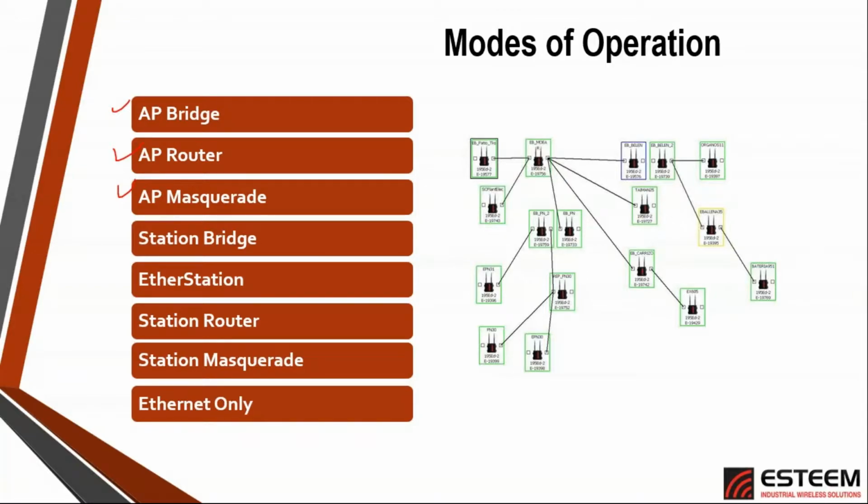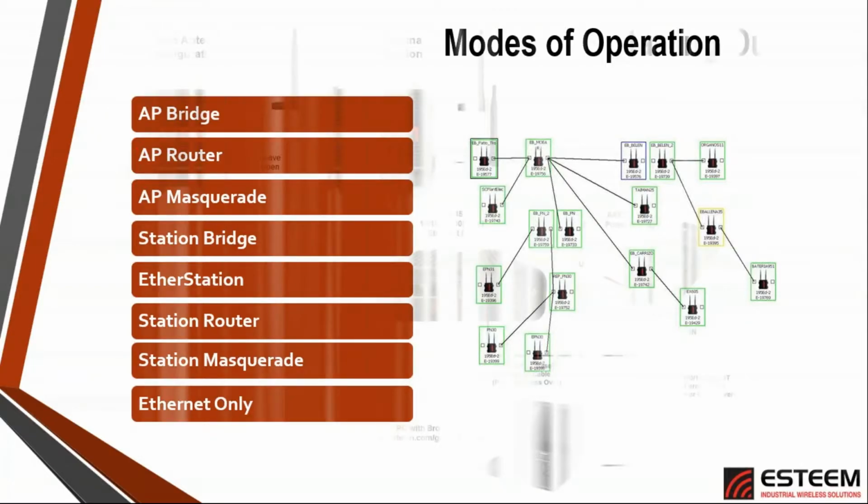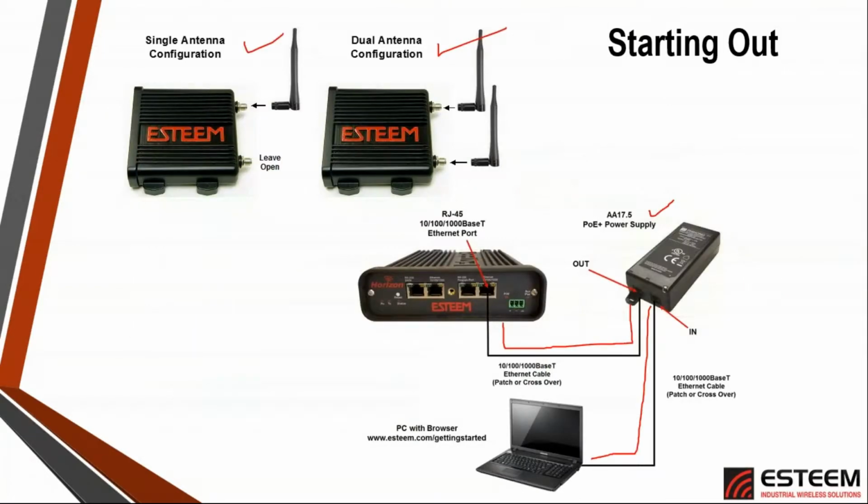These radios are actually performing two functions at the same time. It's functioning as both an access point and either a bridge, router, or masquerade. Let me go ahead and back up one slide. It's easiest to think of it in terms of the radio itself. What these terminologies refer to is the relationship between the Ethernet side on one side and the wireless side on the other.